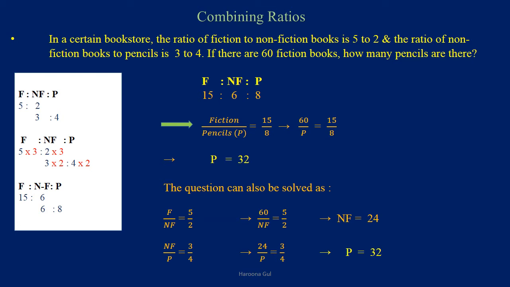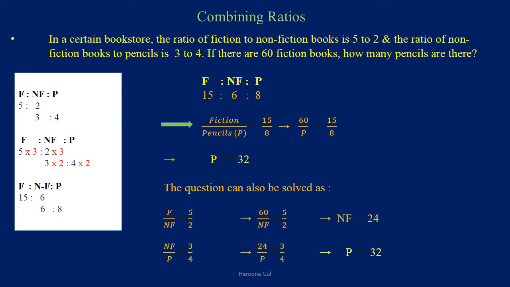So if we are multiplying the non-fiction ratio by 3, we're going to multiply the ratio of fiction by 3 as well, right? And same goes for the non-fiction to pencil ratio, which is 3:4, and is going to be multiplied by 2, right?